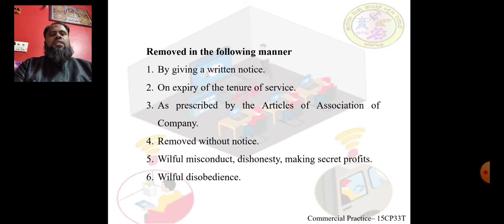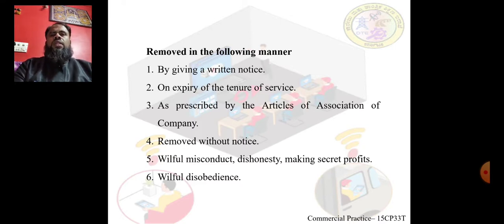The next one, a company secretary can be removed without giving notice. Before this point, I already explained that a company secretary can be removed by giving a written notice.